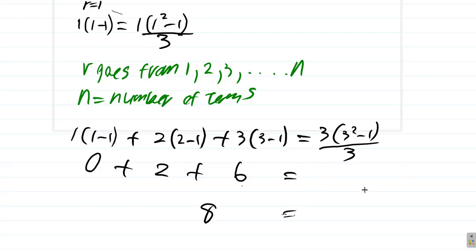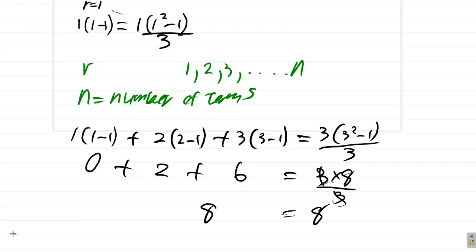Let's see if the right hand side works out like that too. It's 3 times 3 squared, which is 9. 9 minus 1 is 8. So it's 3 times 8 over 3. 3 cancels 3, so you get 8. And so on and so forth. So r changes.